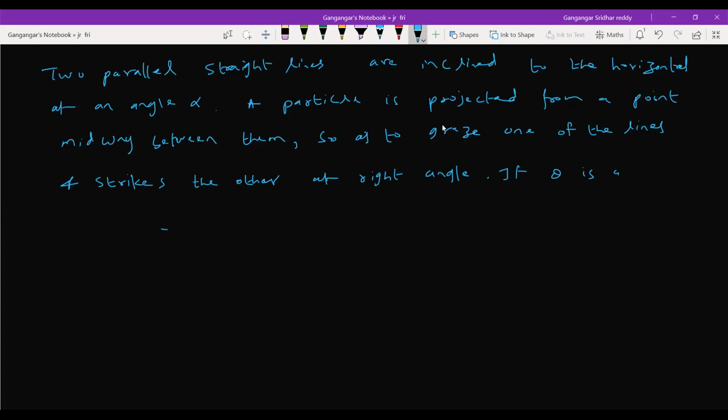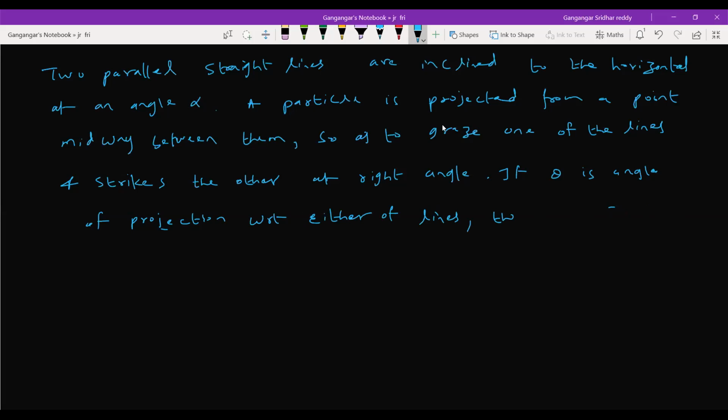if theta is the angle of projection with respect to either of the lines, and alpha be the angle, alpha is already given, no?